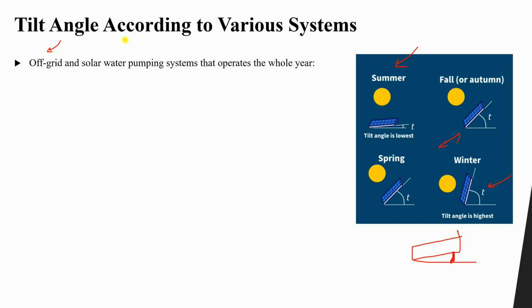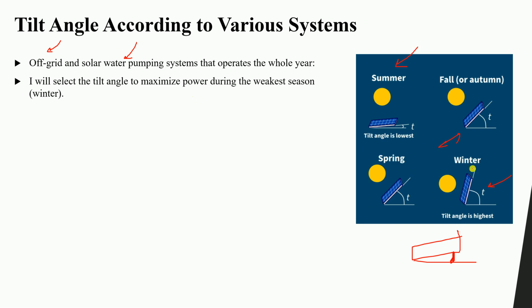And at the same time, if we have a solar water pumping system, which we are going to discuss in the course, then what tilt angle should I choose so that we will operate through the whole year? Now, one important thing that you have to understand is that we will select the tilt angle to maximize power during the weakest season, the season which has the lowest amount of power.